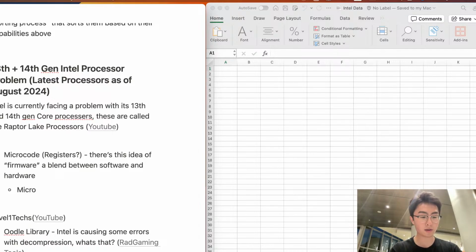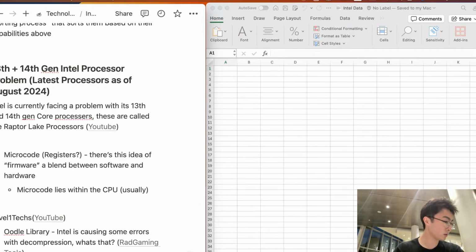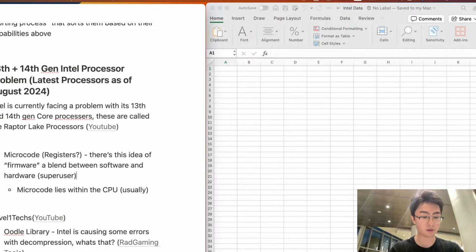So microcode lies within the CPU usually. Okay, I'm gonna add this super user.